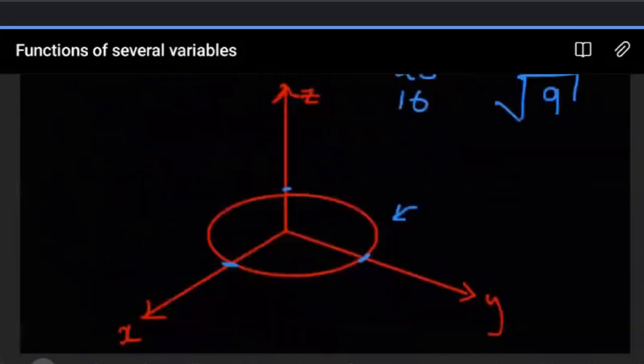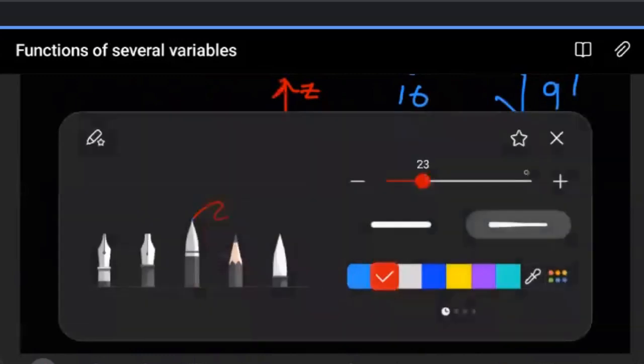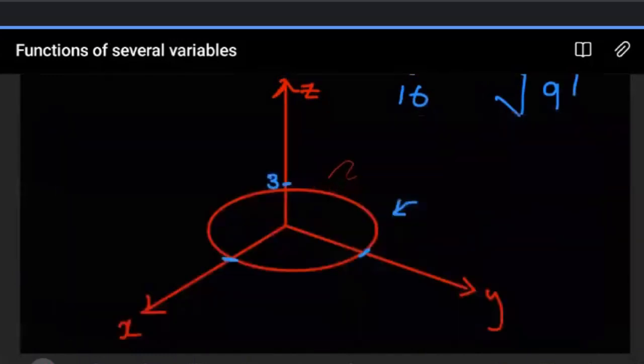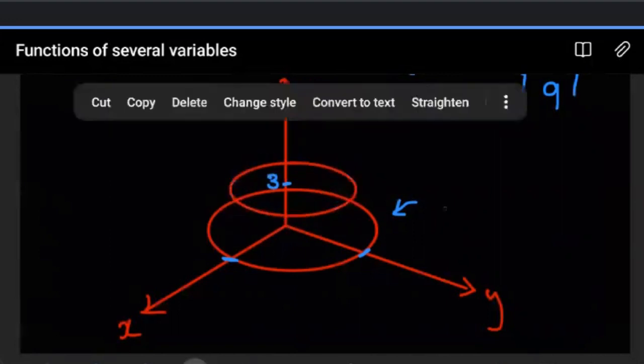For a circle of radius 4, we end up with z being equal to what? z ends up being equal to 3. So now we're ending up somewhere here, but in this case we're dealing with a circle of radius 4, so that circle would be something a little bit smaller because the radius is now a bit smaller. Just move it up a little bit. Yes, something like that.